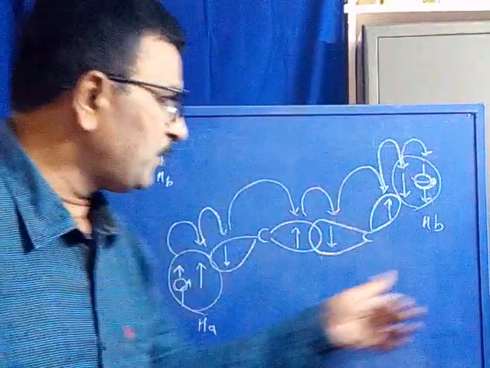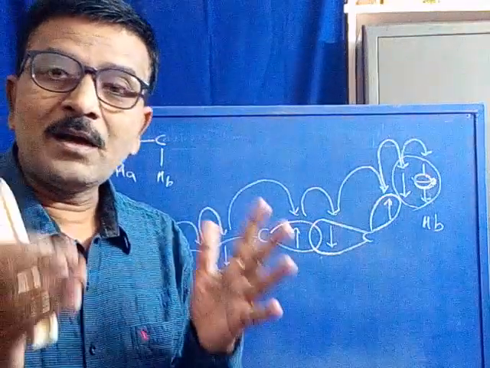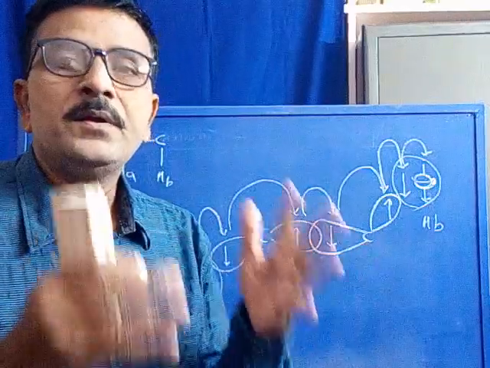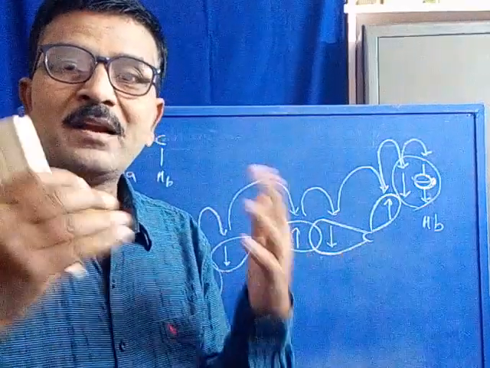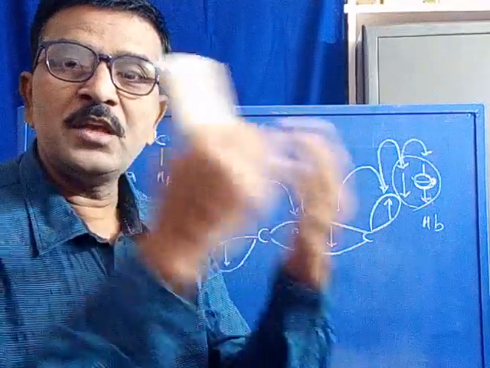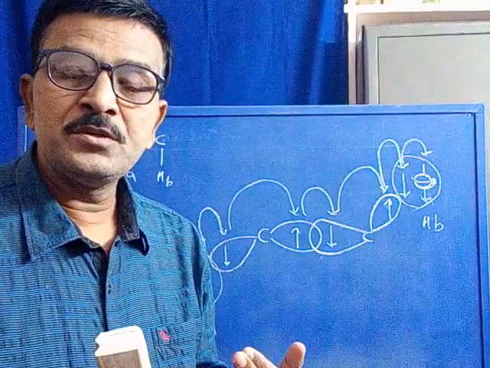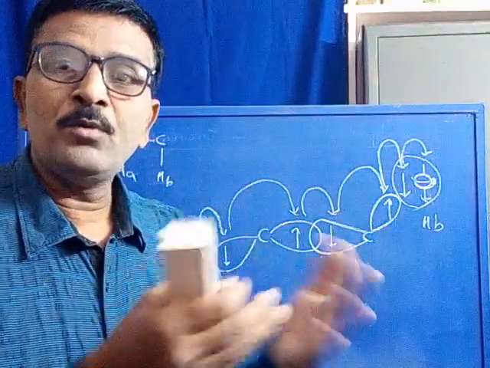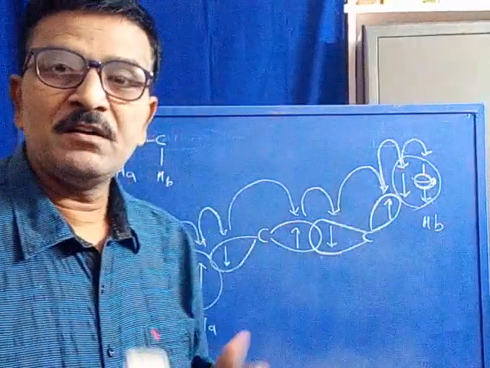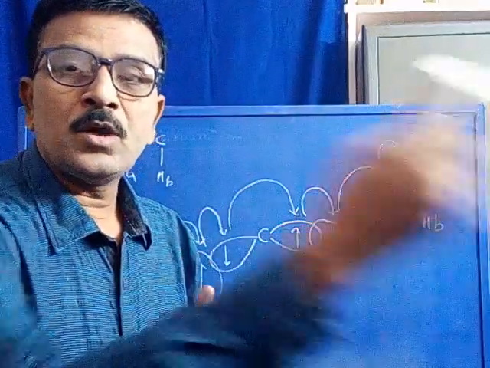So HA and HB hydrogens in the molecule are coupled with each other not through space. How do they couple? They are coupled by transmitting their nuclear spins from one proton to the other through the bonding electron spins present between the coupled protons. So this is the mechanism of transmission of nuclear spin from one proton to the other to couple.